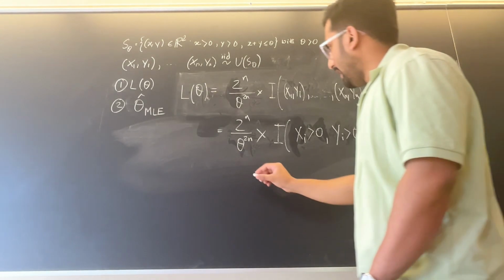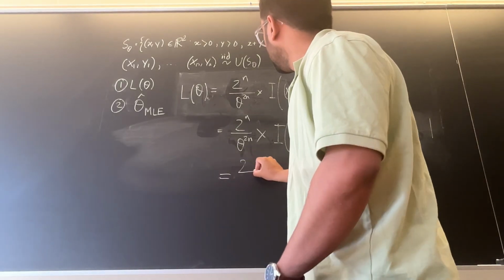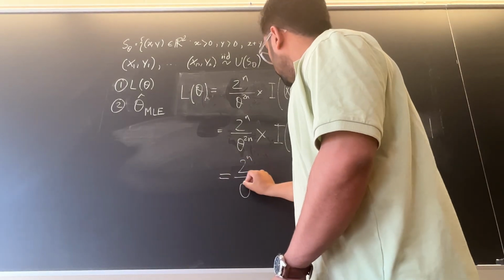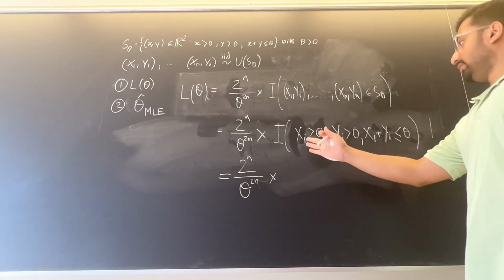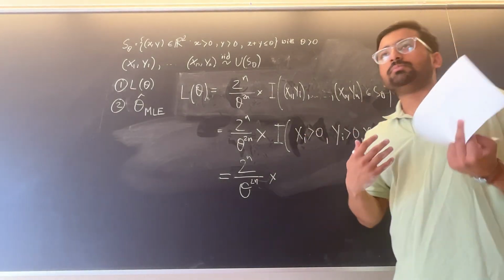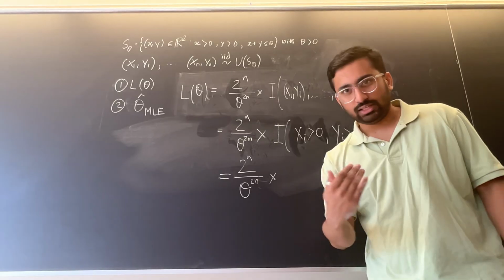And we will get theta to the power 2n times, so all of them greater than 0, so we want a compact representation of that.